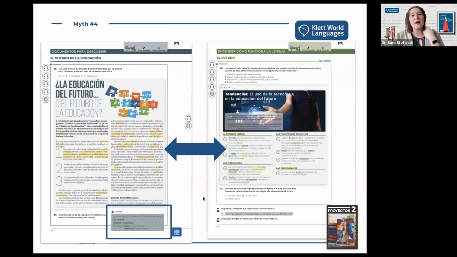Another example, and this one comes from my personal experience, a conversation I've had with a colleague. These are 2 pages in Proyectos Dos, and the page on the left-hand side comes before the page on the right-hand side. My colleague was wanting to change the order of the pages in the textbook.